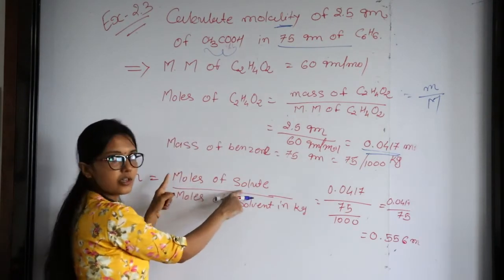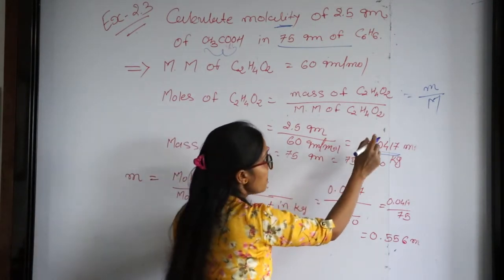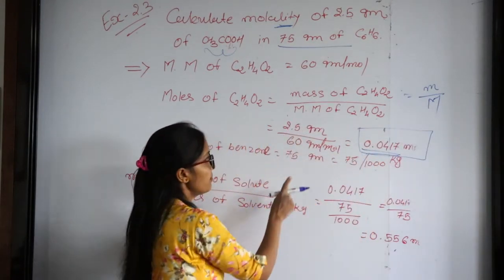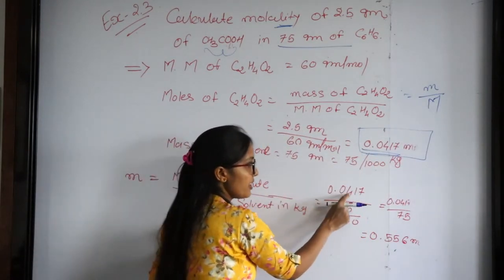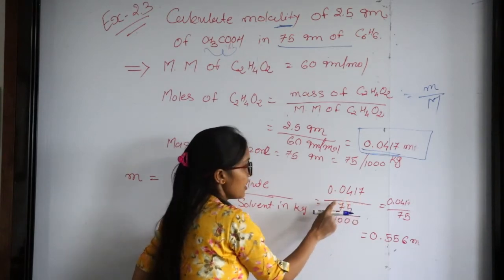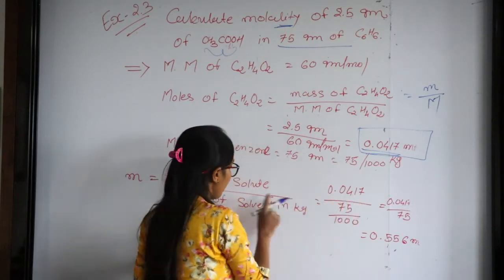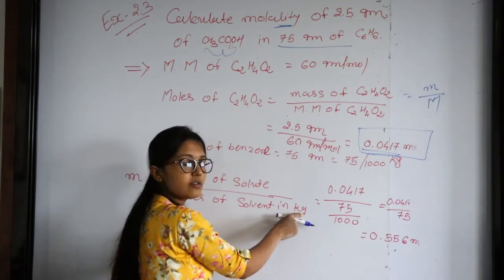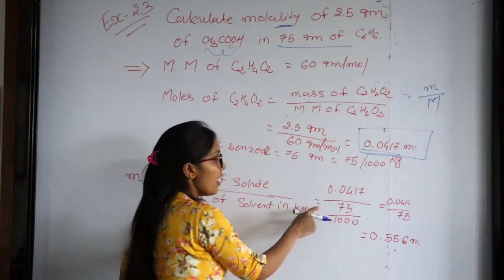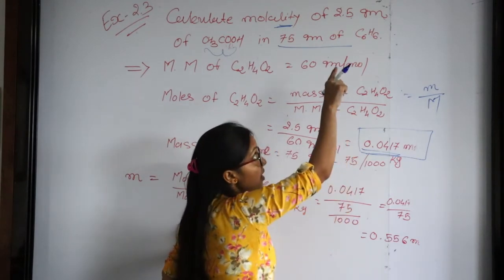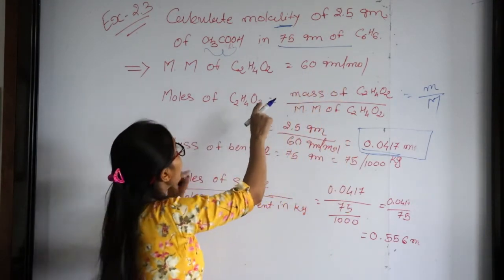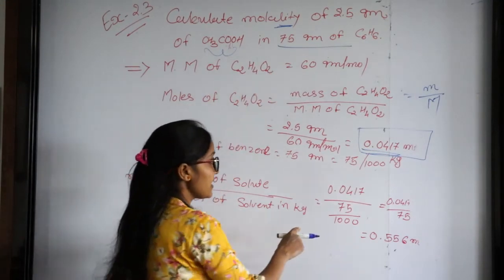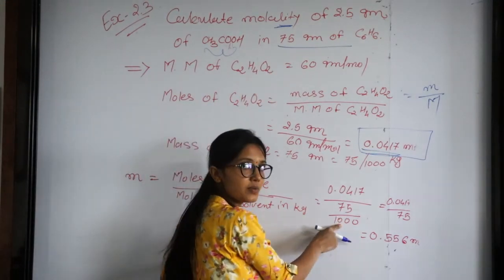The moles of solute, 0.0417, is divided by the solvent, benzene, whose weight is given: 75 divided by 1000.